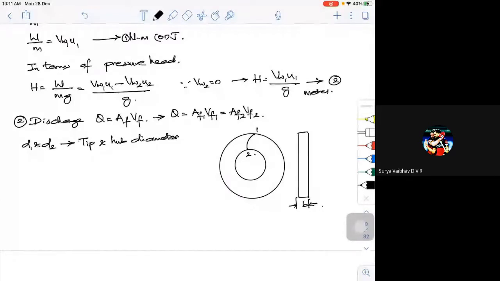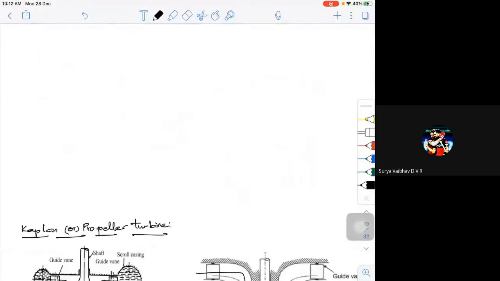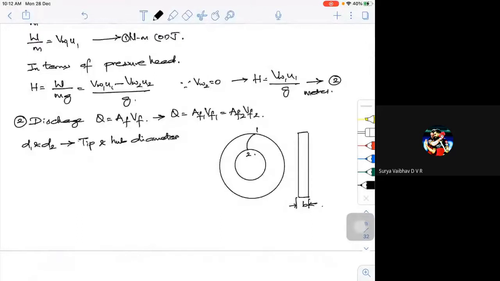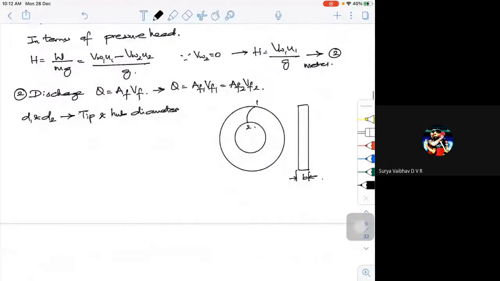Similarly, in most problems we take the thickness or width to be constant throughout the side view, so B should be constant. Suppose the width is varying from outside to inside. If this is B1 at the inlet, it may be slightly bigger at the exit.